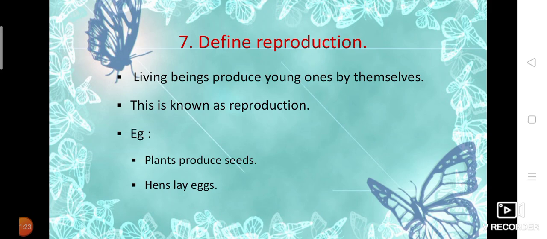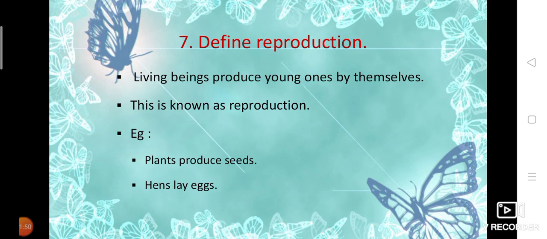So what is reproduction? Living beings. Living beings means what? The living beings which have life in them, isn't it? So if any living beings produce young ones by themselves, that is called reproduction. For example, a plant can give rise to a small plant with the help of its seeds.